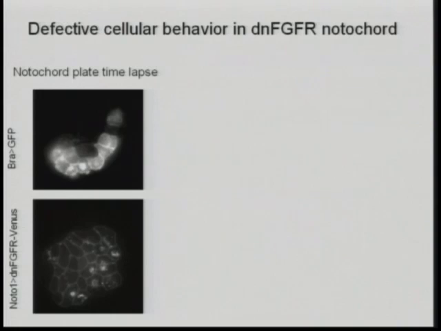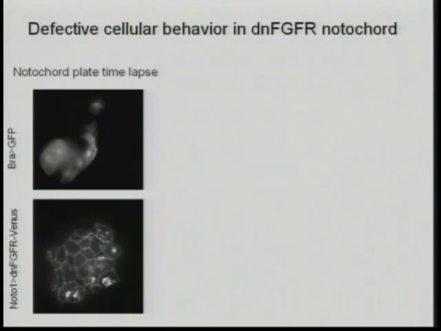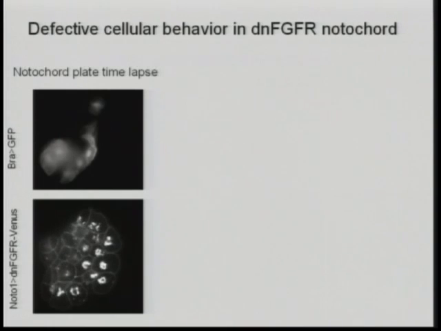As the embryo develops, you can see that starting from around the notochord plate, it slowly starts to elongate along this axis. It's not perfect, so you won't get a single cell row, but you get the idea of what a normal, wild-type notochord plate does. When the dominant-active FGF receptor is introduced in the cells, you see these active protrusions are gone.